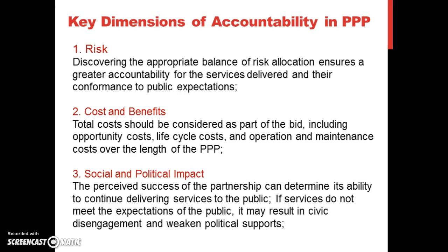The second key dimension is cost and benefits. Since public-private partnership is a relatively long-term relationship, public managers should make cost-benefit analysis at each stage of project, such as bidding, operation, and maintenance.